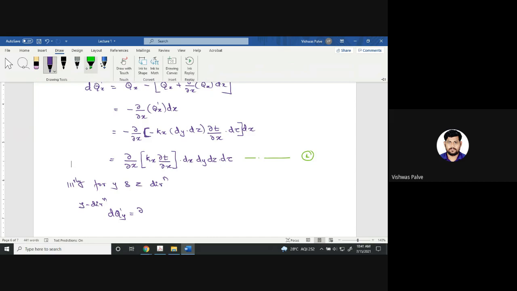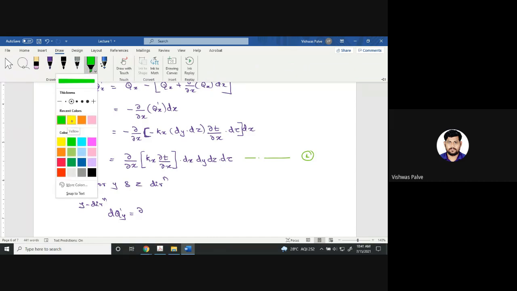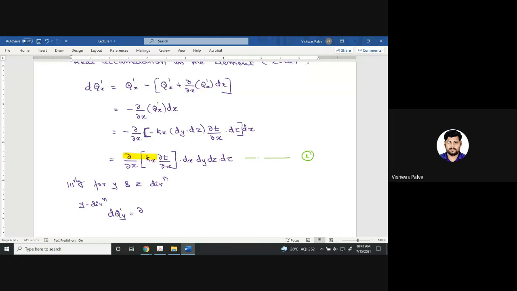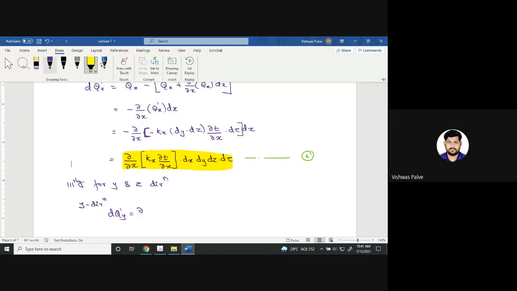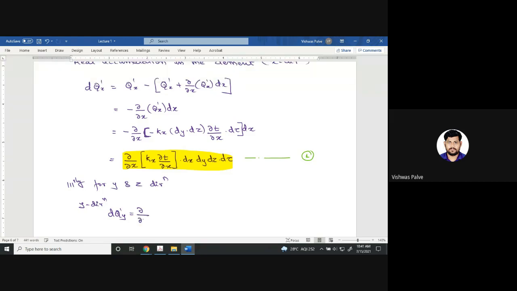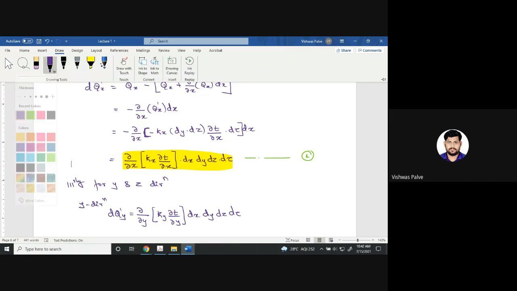We have to just rewrite this equation for y direction. So it will be dou by dou y into ky dou t by dou y bracket close dx dy dz d tau. So this we can say our equation number 2.